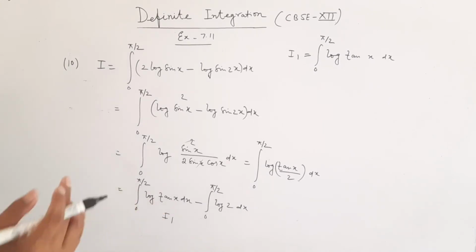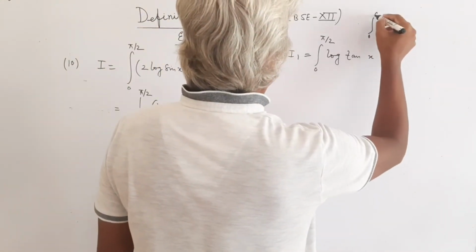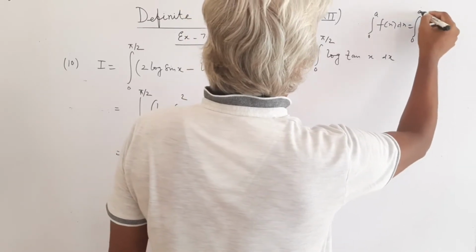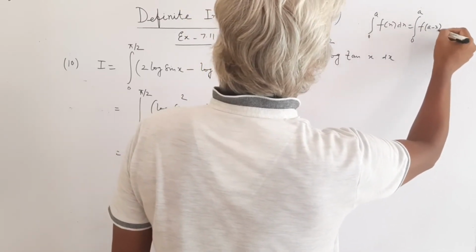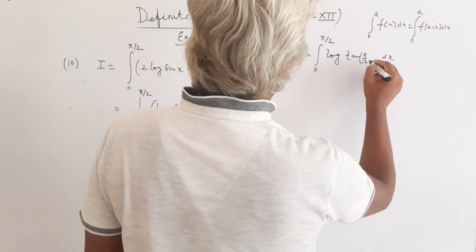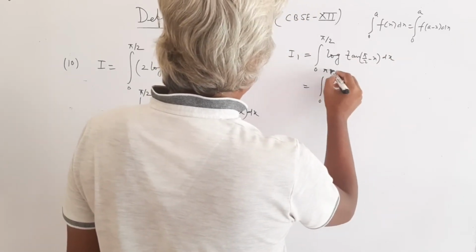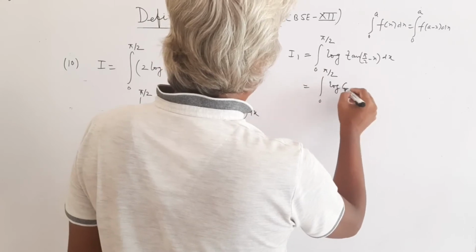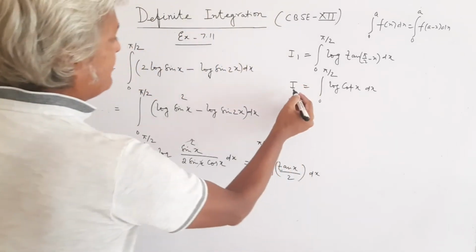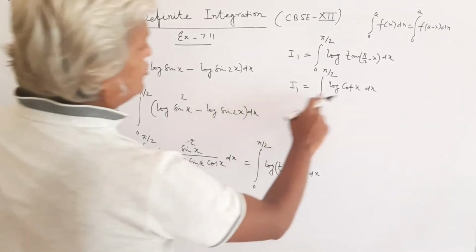If I use the property 5, that is integral from 0 to a of f(x) dx is integral from 0 to a of f(a minus x) dx, so at the place of x I write pi by 2 minus x. So this becomes integral from 0 to pi by 2 of log cot x dx. So I1 is log tan x, and this is also integral from 0 to pi by 2 of log cot x.